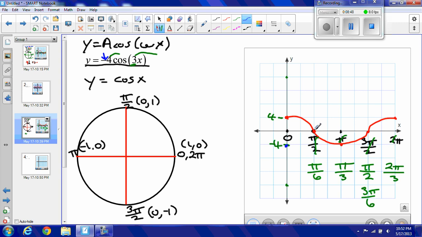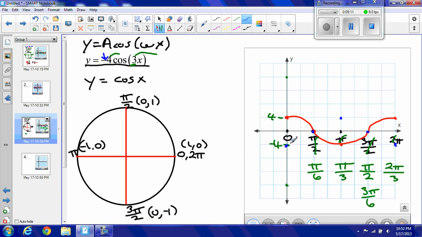This point here at 0, well, flipping over the x-axis is not going to make any change. That point's going to stay at 0. This point, instead of being at -1, is going to be at 4. This point here is still going to be at 0. And this point here, instead of being at 4, is going to be at -4.